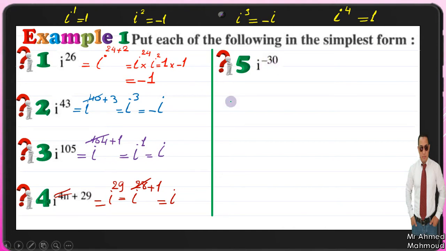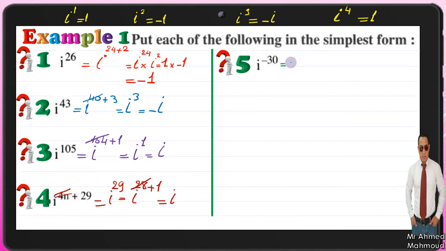Now I will search for a positive number in table 4 and at the same time greater than 30. 30 is not divisible by 4, 31 is not, 32 is divisible by 4.